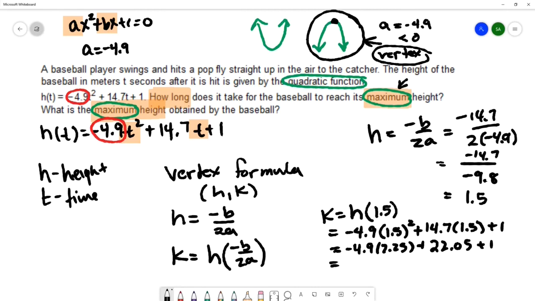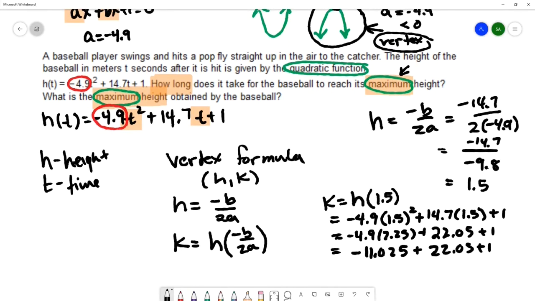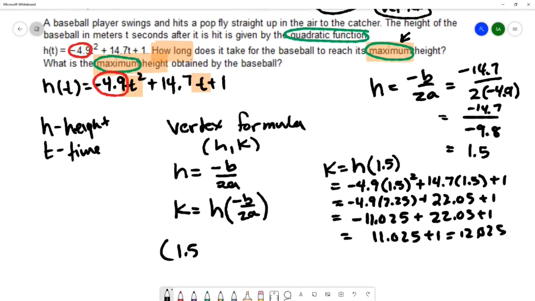And 2.25 times 4.9 will be a negative 11.025, plus 22.05, plus 1. I'm going to add negative 11.025 plus 22.05, and that's going to give me 11.025. 11.025 plus 1 is 12.025. So that is now our vertex. Our vertex is (1.5, 12.025).